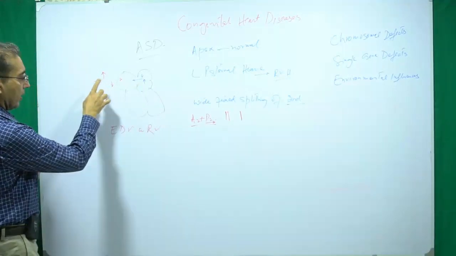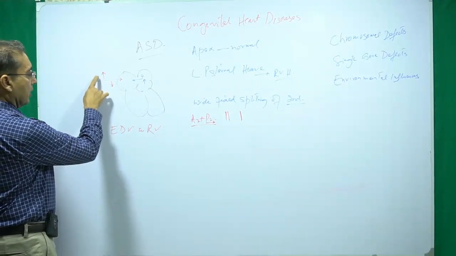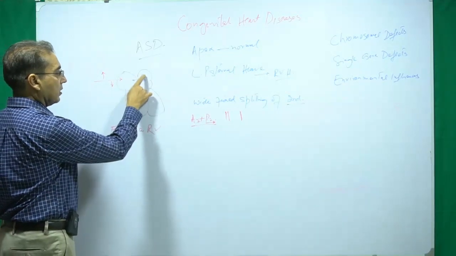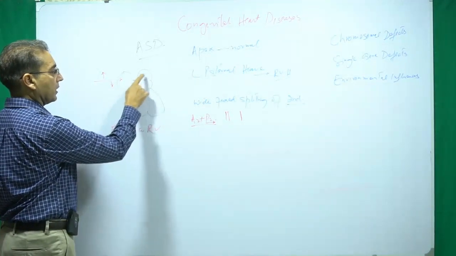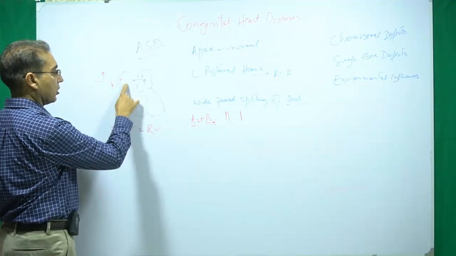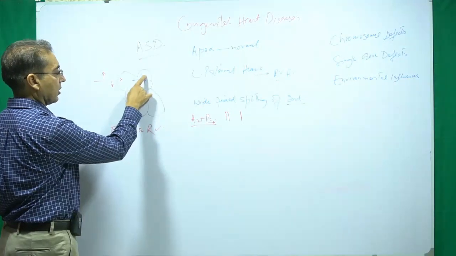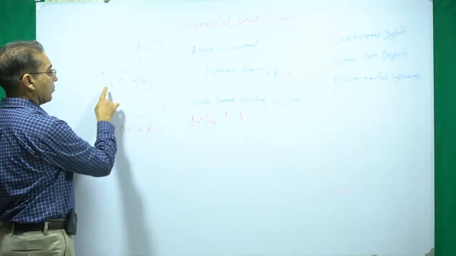So you see, we see it again. In inspiration, there is an increased amount of venous return in the right atrium, but the blood which is coming through this shunt is decreased because the high pressure in this chamber, because of this increased venous return, decreases this shunting. And during expiration, what happens?